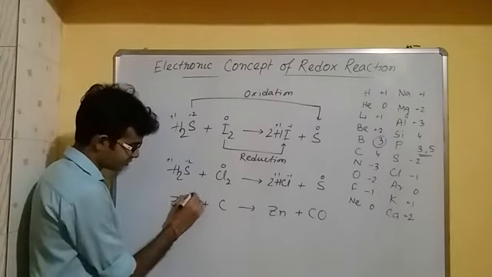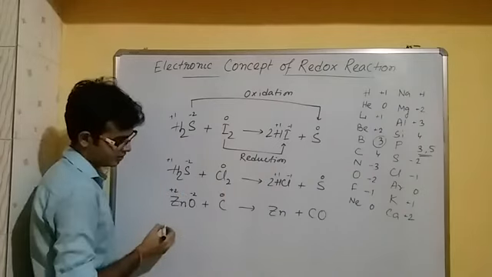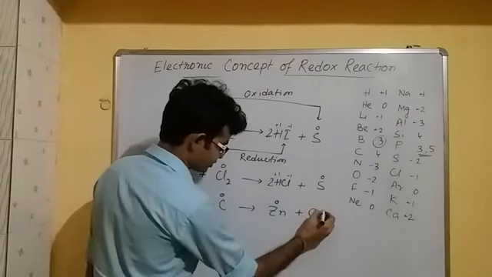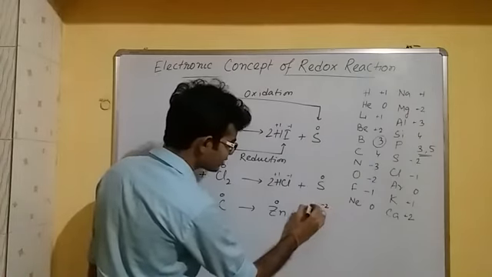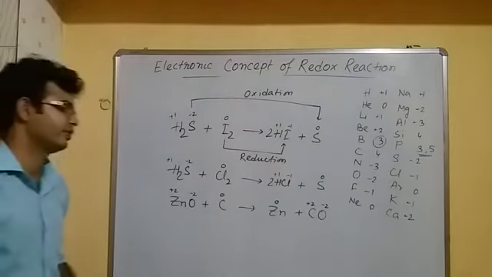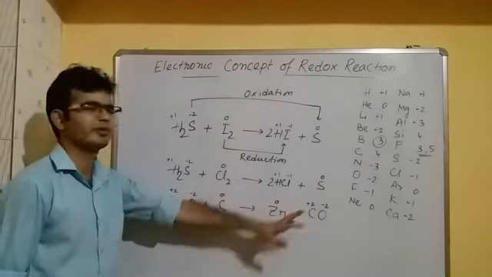Now oxygen minus 2, zinc plus 2, carbon alone 0, Zn alone 0, oxygen minus 2, carbon plus 2. Remember it like this.